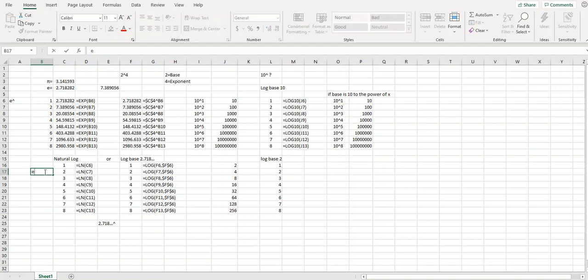E to the power of 2. And so all we're saying here is, well, if the base is E, then what must the exponent be in order to get that value? Okay, so we're just describing a relationship here between the base, the exponent, and the value that we currently have.